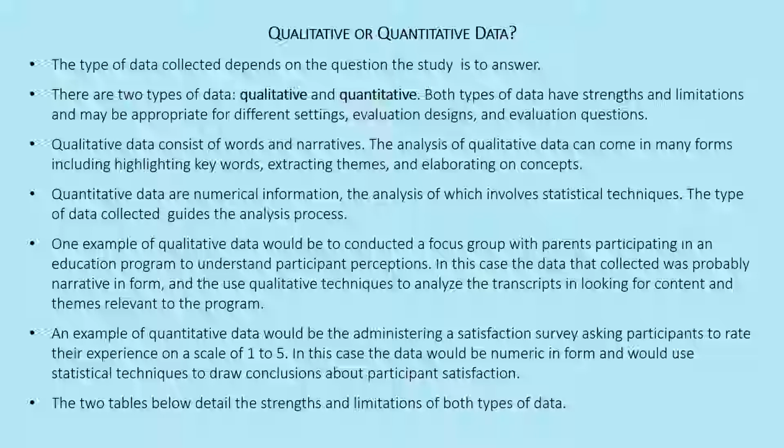An example of quantitative data would be the administering of a statistical survey, asking participants to rate their experiences on a scale of 1 to 5. We refer to that as a Likert scale. In this case, the data would be numerical in form and would use statistical techniques to draw conclusions about participation satisfaction. The two tables below will detail the strengths and limitations of both types of data collection.